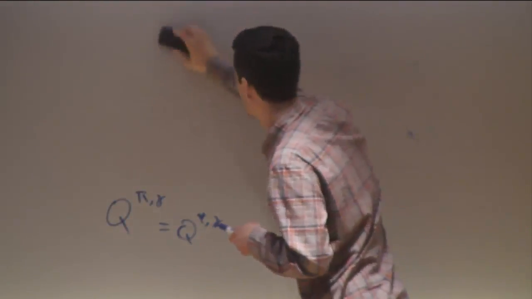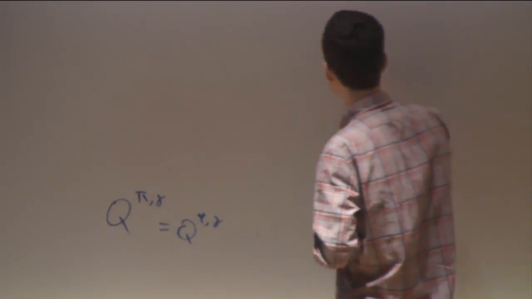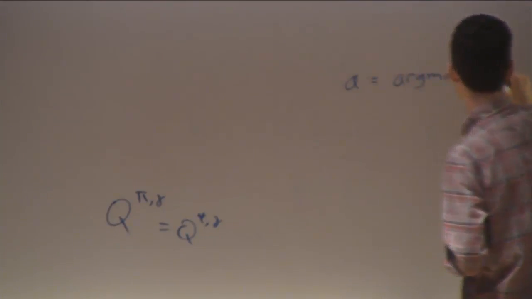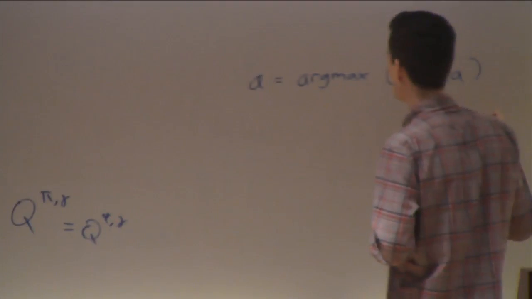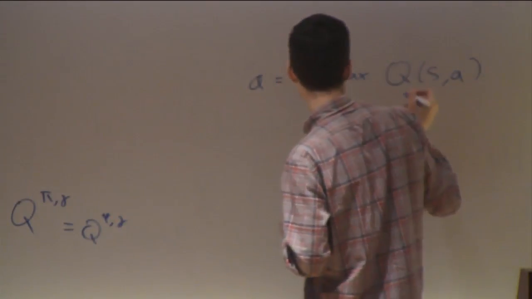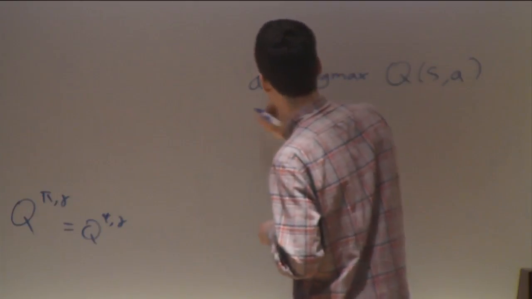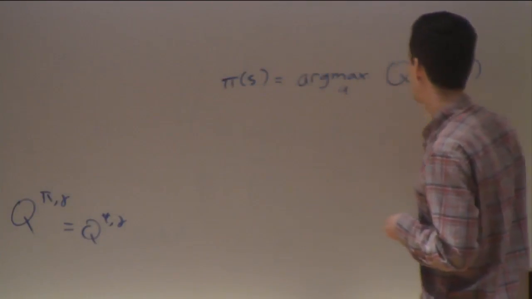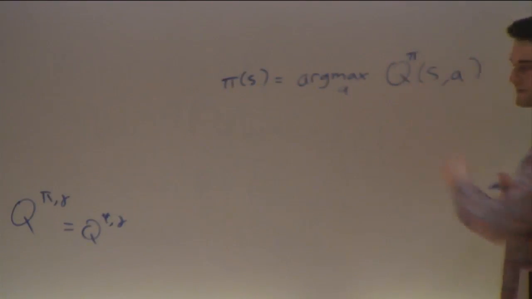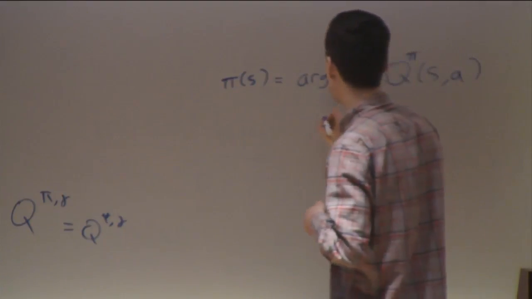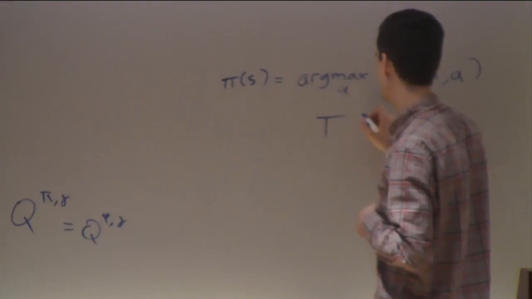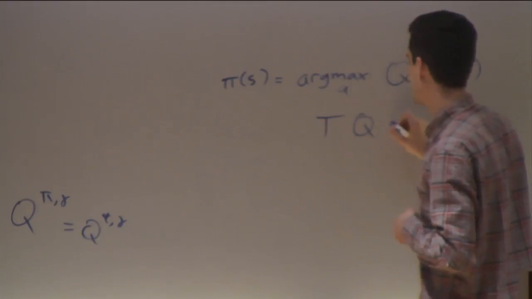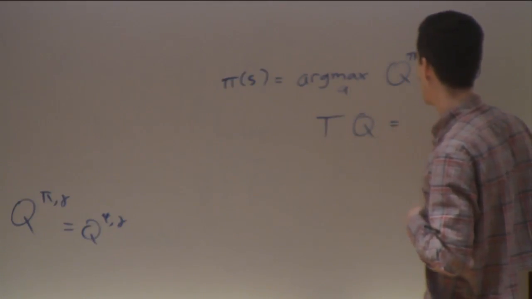That's true because if pi of s happens to equal the argmax over actions of the Q function of this policy, then when you do the Bellman backup, you get the same Q function that you had before.